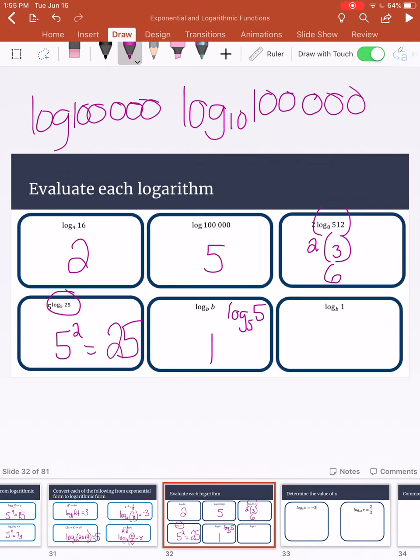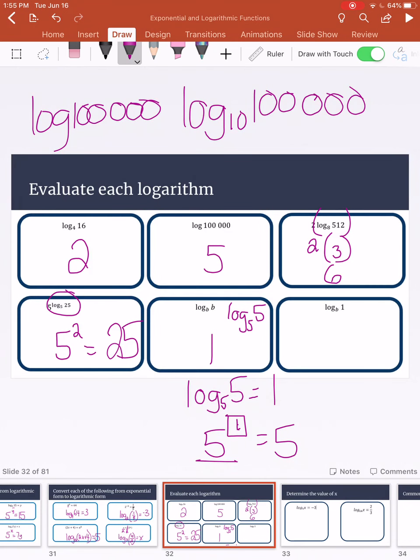The reason being is that if we used 5, for example, 5 to the exponent of 1 gives us 5, right? So whenever we raise something to an exponent of 1, it always gives us an answer that's equivalent to the base of the exponent.